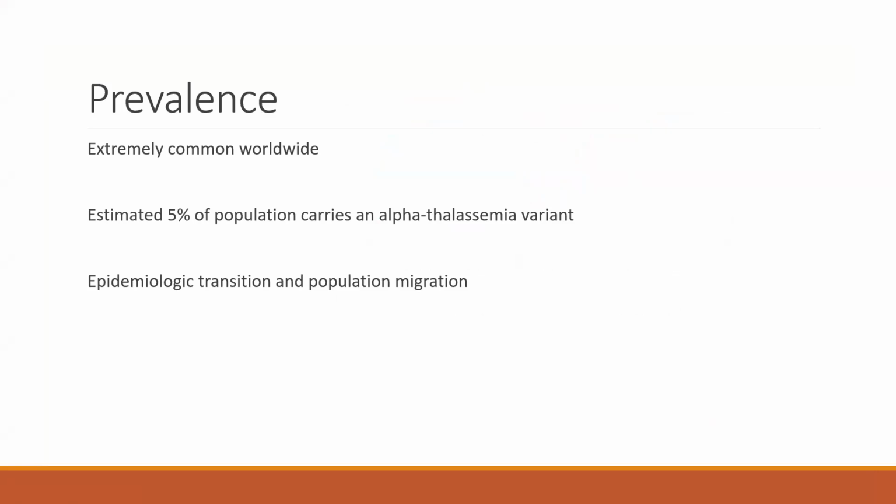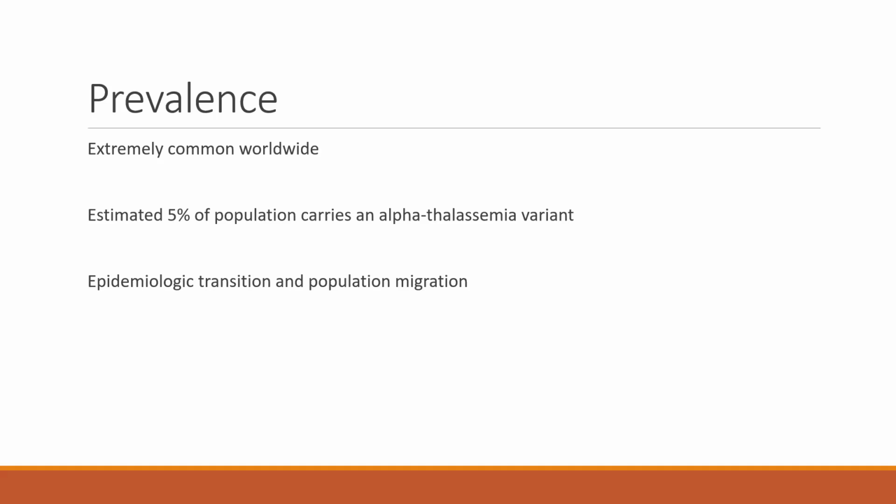This is protective against malaria, so it's highly prevalent, particularly in the tropical and subtropical regions, and it can reach as high as 40% in certain countries, again Southeast Asian countries, Mediterranean, and there are reports of even up to 90% to almost 100% in places such as Nepal, where almost everyone has a variant of this. Not necessarily that they have clinical manifestations or that it's dangerous or harmful for the individual, but just that it's very prevalent in a carrier state.